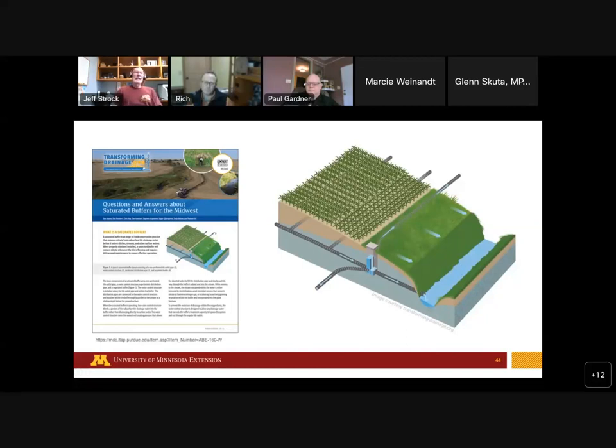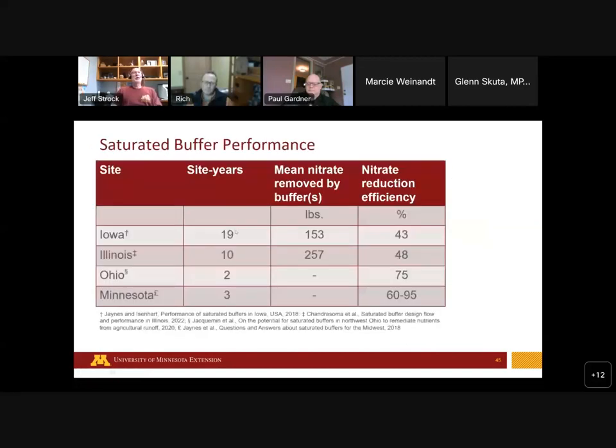So Iowa has 19 site years. They've reduced their nitrate in those systems by 43%, which is in that realm of what we would like to see in our nutrient reduction strategy. Illinois has seen a similar reduction capacity, about 48%. They have 10 site years worth of data. Ohio and Minnesota, we have less than half of those numbers of site years.